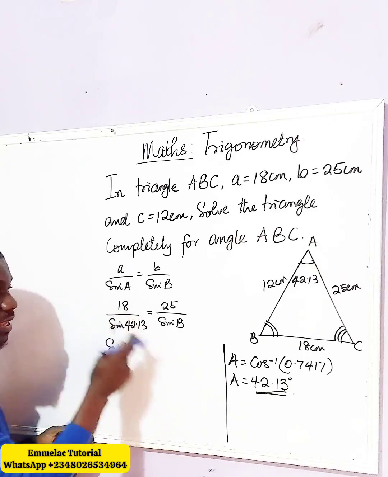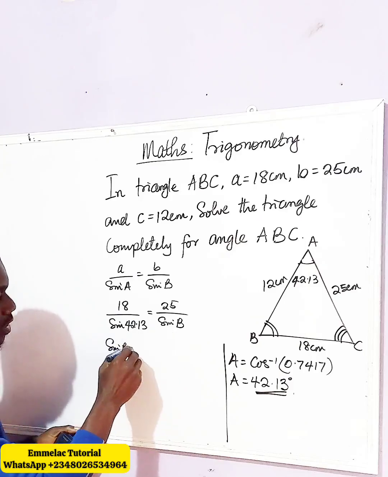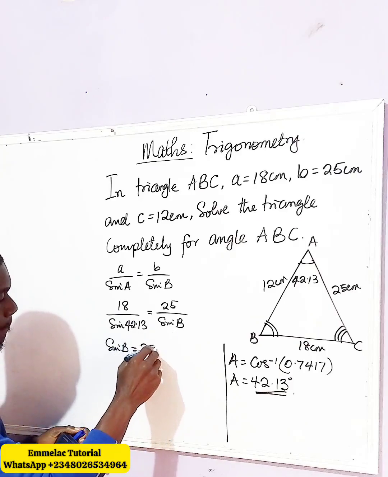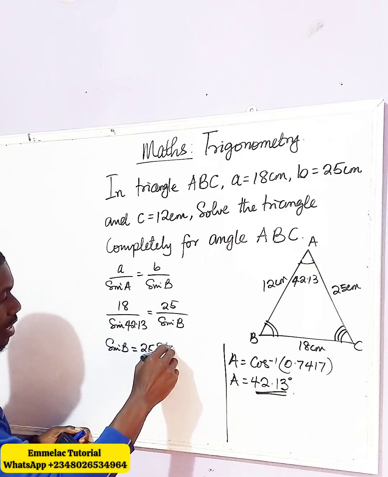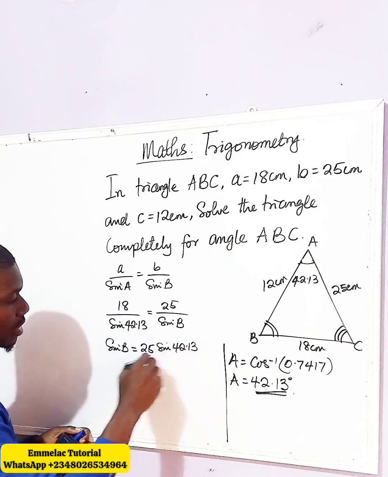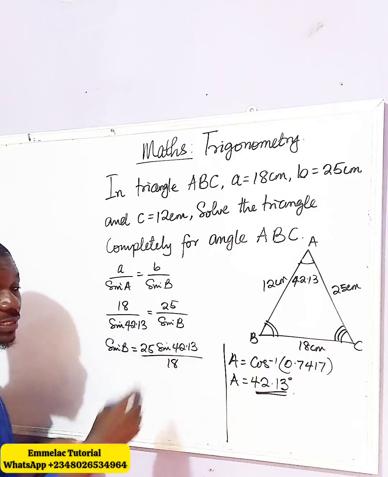When we cross multiply, we have sine B equals 25 times sine 42.13 all over 18.